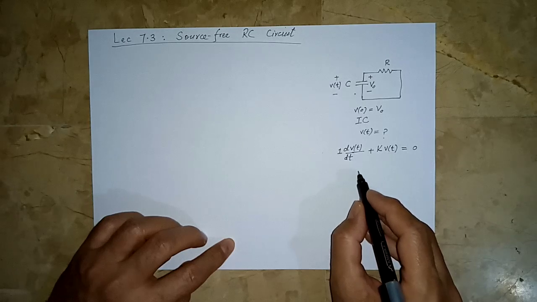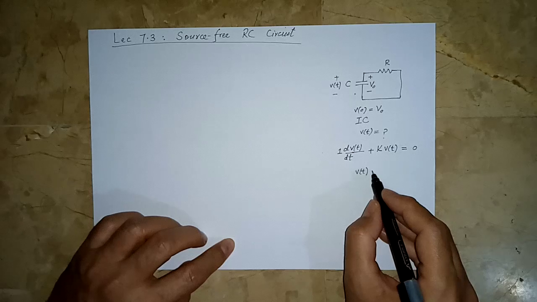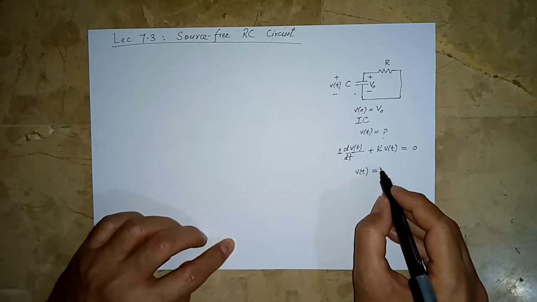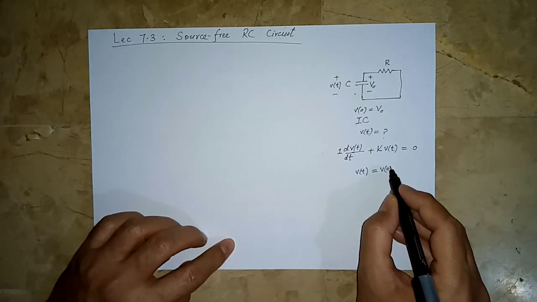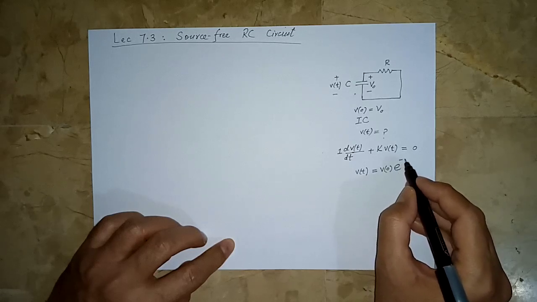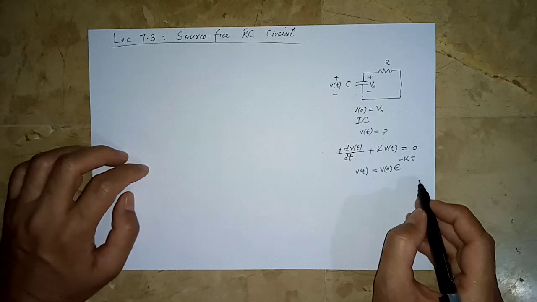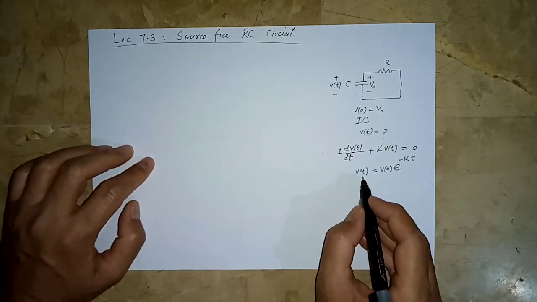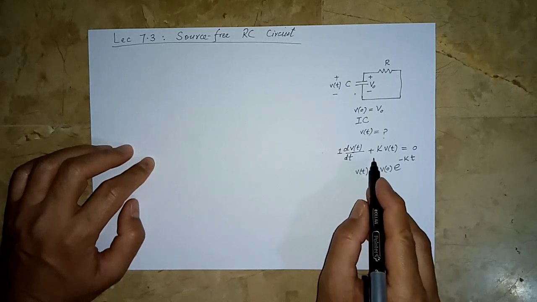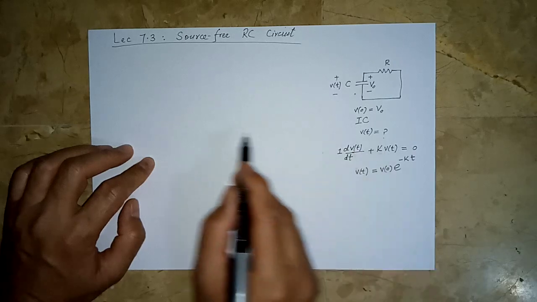So we must then straight away say that Vt is going to have an expression equal to the initial value of the voltage, the same thing that is here, e raised power minus kt. I hope you understand that we shouldn't have any objection to writing this straight away from this. Why? Because in mathematics it does not matter whether the variable is I or V or X or whatever.